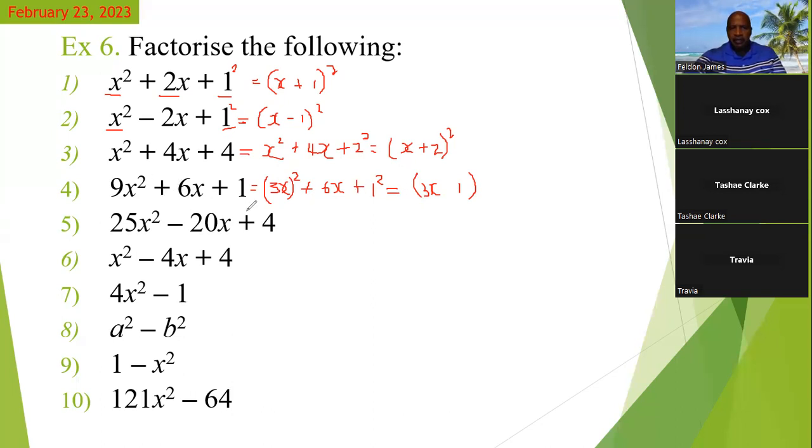These are perfect squares. So all we need to do is to put the same sign as the middle term in this bracket. The middle term 6 here is positive, so the bracket inside is going to take a positive. And what do we do next?